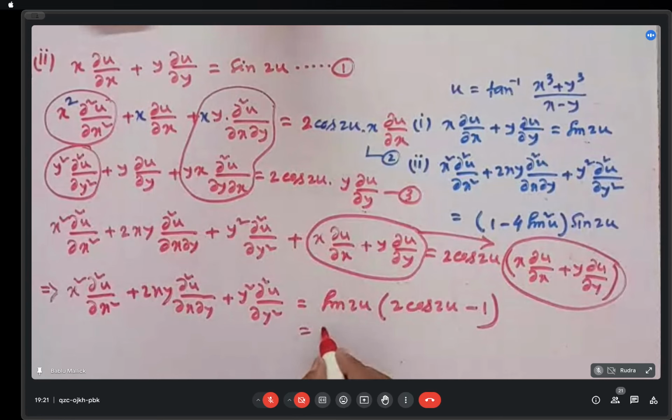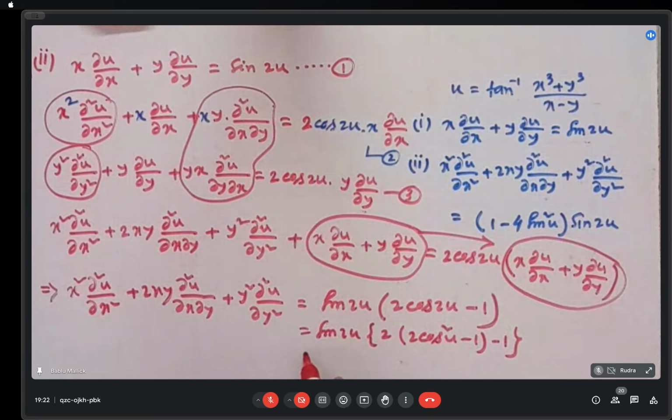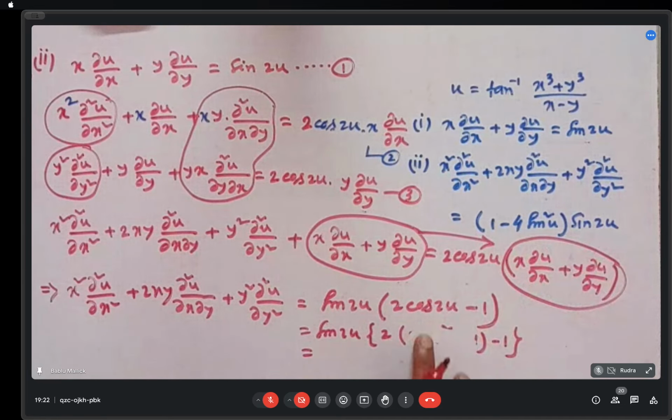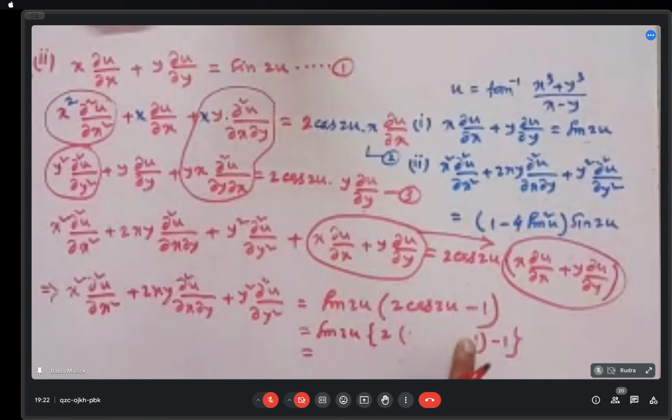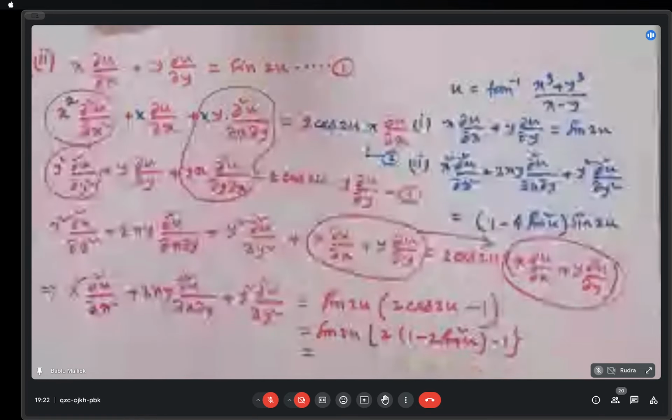So this is equal to sine 2u into 2 cos 2u, which as a result is 2 cos square u minus 1. Oh sorry, I need sine square. So the result is 1 minus 2 sine square u.